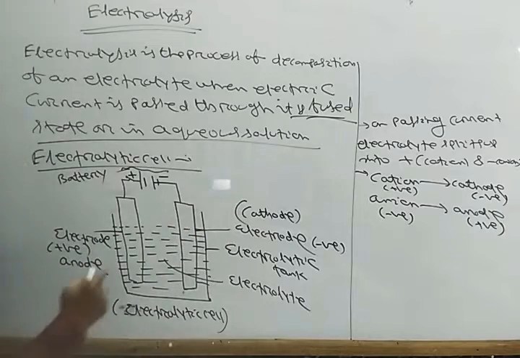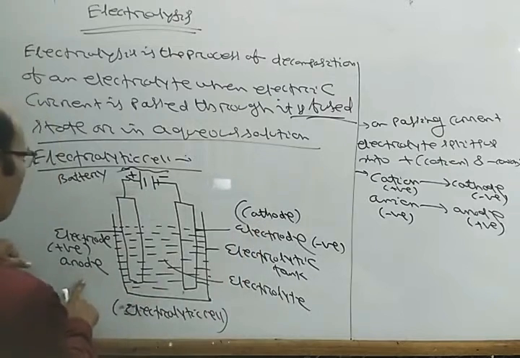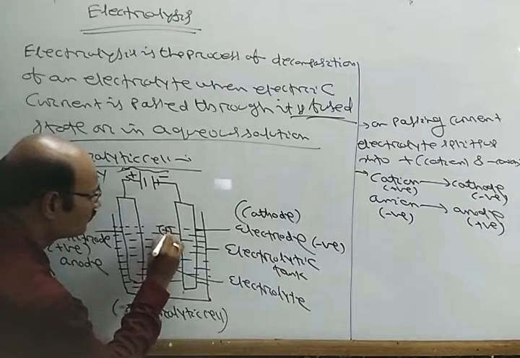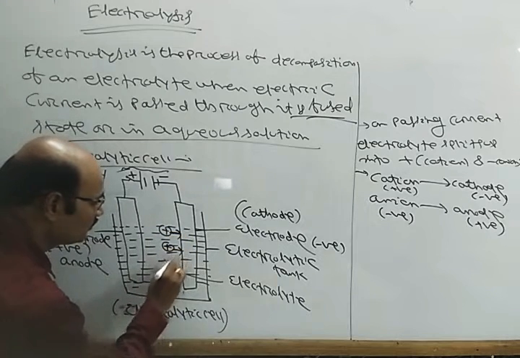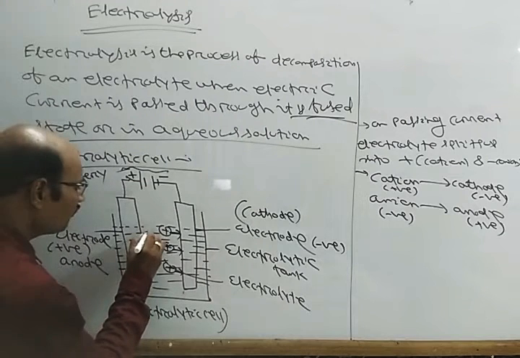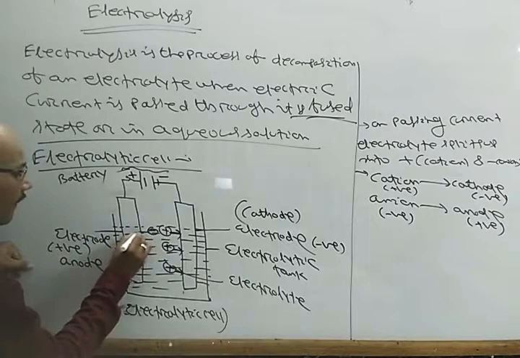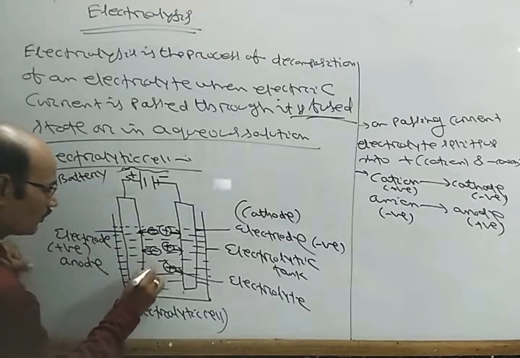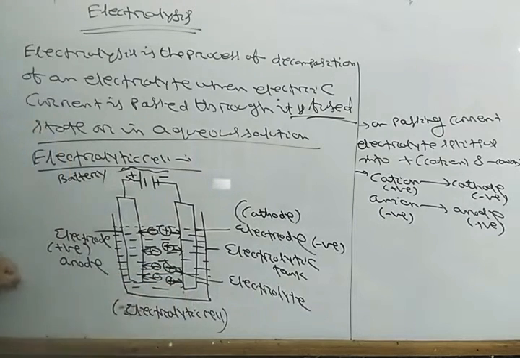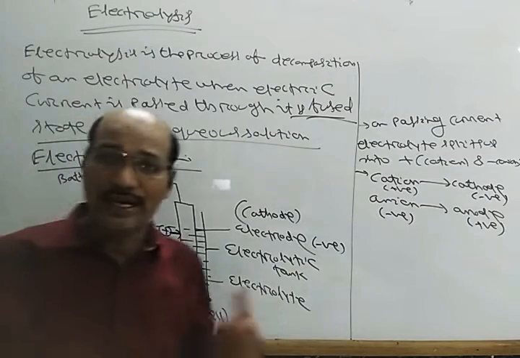The positive ions go to the cathode, and the negative anions go to the anode. So cation goes to cathode and anion goes to anode.